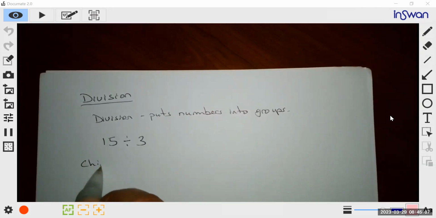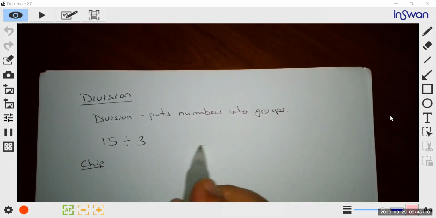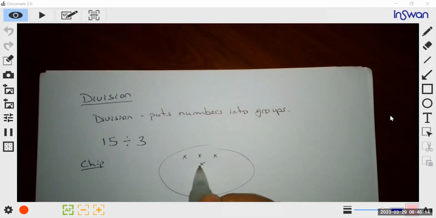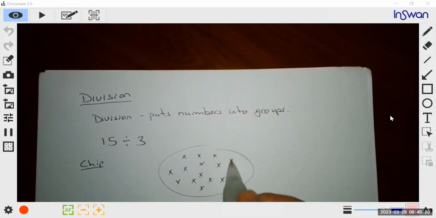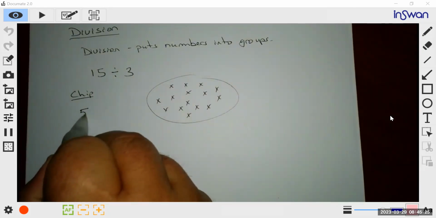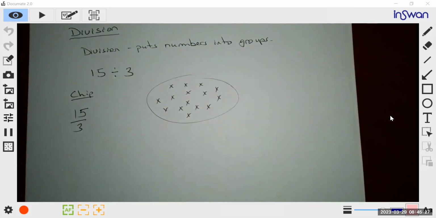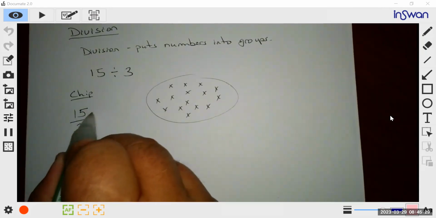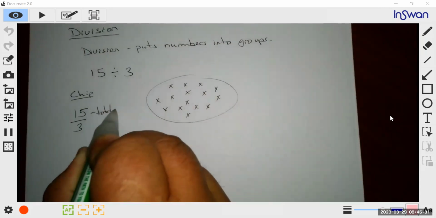Let's look at the chip model. If I had 15 chips, 1, 2, 3, 4, 5, 6, 7, 8, 9, 10, 11, 12, 13, 14, 15. These are the total number of elements.